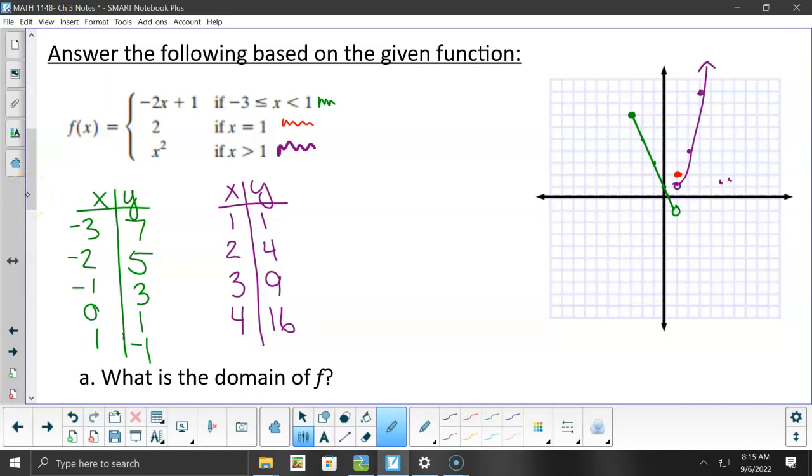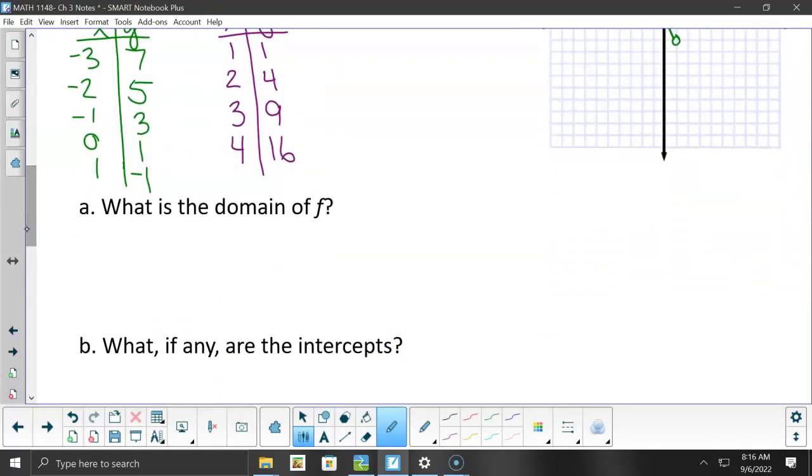So that first question is, what's the domain of f? So what x values will actually work for this? What's the furthest to the right it goes? -3. All right, so the furthest to the left. It's Tuesday. All right. Furthest to the left is going to be -3.